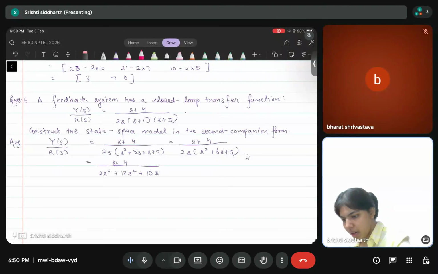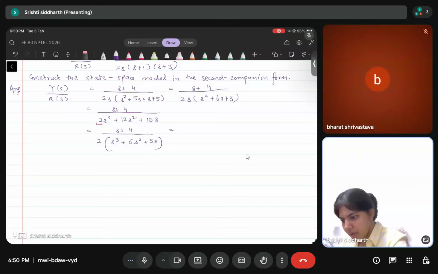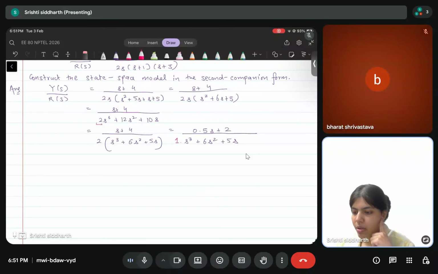You can see that we do not have 1 here, so let's convert this to the standard form. This is s plus 4, and s cube plus 6s squared plus 5s. Okay, so now we have one here in the standard form, and this is also a strictly proper transfer function.